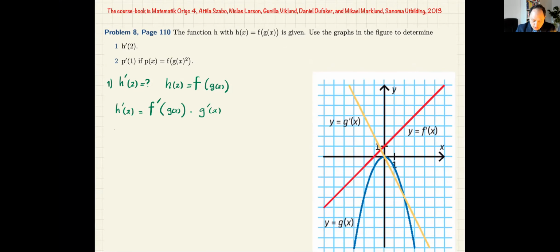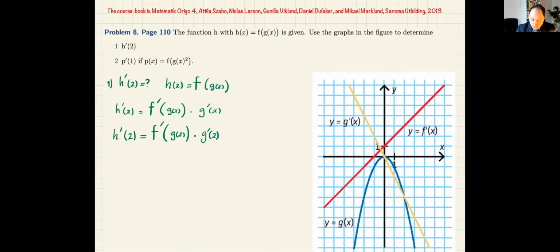And then I know that I want to calculate h prime of 2. So go and replace x with 2 everywhere. It becomes f prime of g of 2 multiplied by g prime of 2. Okay, and then I can use the information on the graph to answer each one of these questions. If I want to ask what is g prime of 2, you see that this yellow line is the graph of g prime.